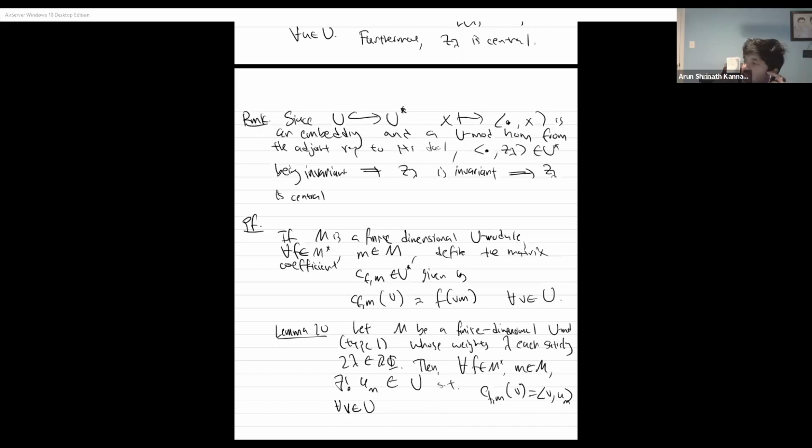So the hypothesis is that the highest weight of your finite dimensional module satisfies this property, that 2 lambda lies in the root lattice. Is it true that every other weight satisfies this property?